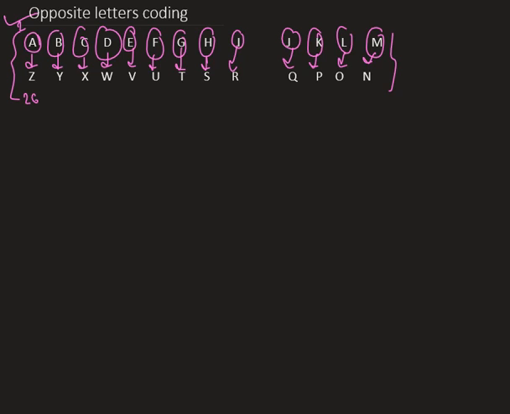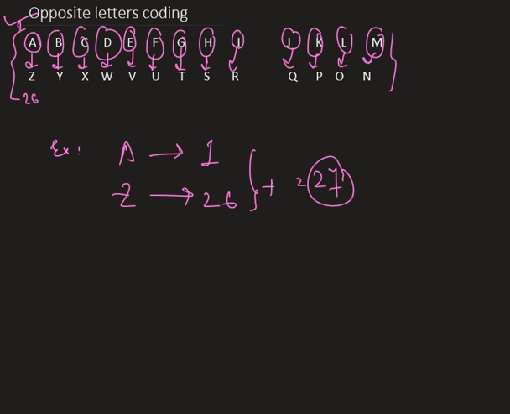For example, the number corresponding to A is 1 and the number corresponding to Z is 26. Therefore, the sum is equal to 27. So this is the rule of opposite letters.